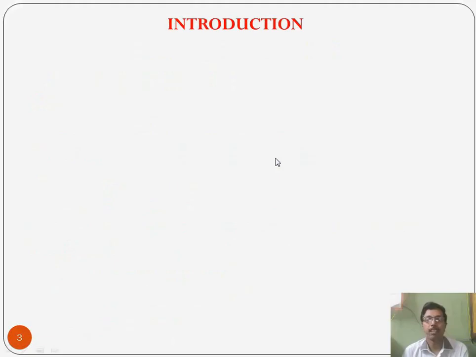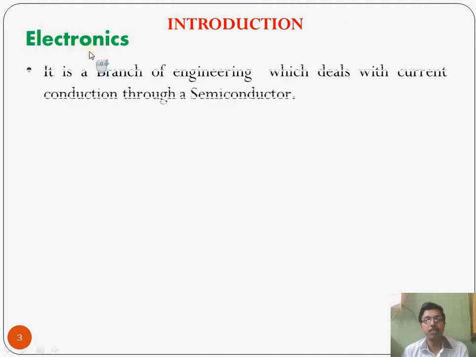Before going to start with the syllabus, we can see a small introduction about what is electronics and what are electronic devices. Electronics is a branch of engineering and it deals with the current conduction through a semiconductor.